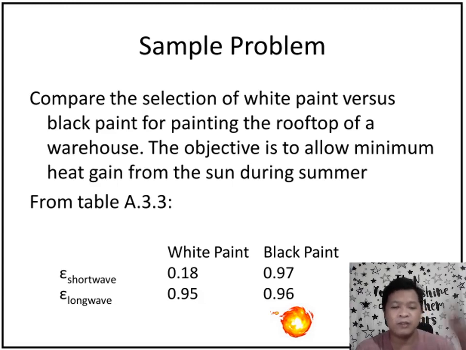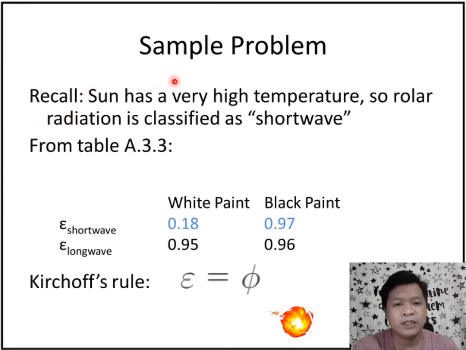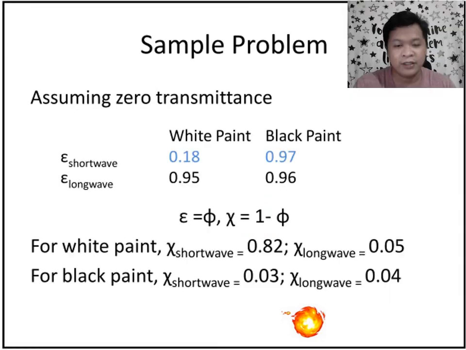No? So if we're comparing black paint and white paint, we have here the emissivity values for either shortwave or long wave radiation. So because sun has a very high temperature, solar radiation is classified as a shortwave, and therefore we will be using these values for the emissivity. And emissivity is equal to absorptivity, so we could equate these two to absorptivity.